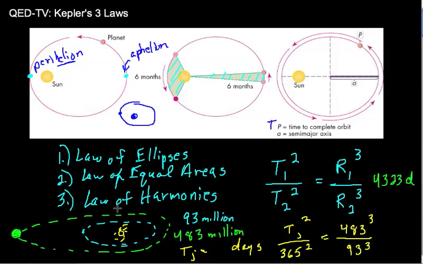So when Jupiter gets all the way around here, how many times will Earth have gone around the sun? So we can take these days right here and divide by 365. And you'll see that it's going to take about 11.8, well, about 12 Earth years for Jupiter to go from here all the way around back to the same spot. So the Earth is going to go around the sun about 12 times. It's going to take 12 years before Jupiter makes it all the way around one time.